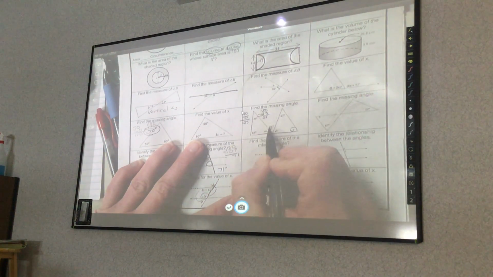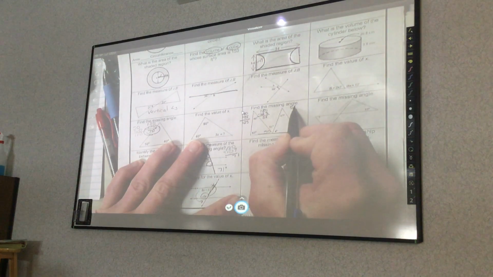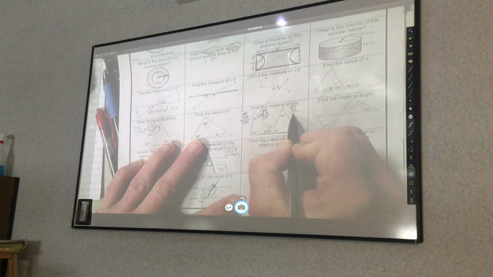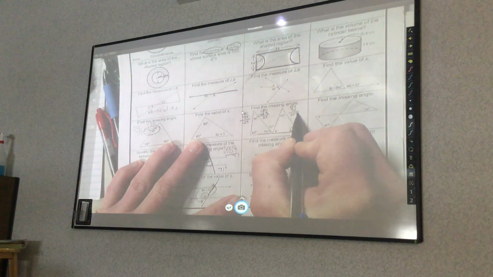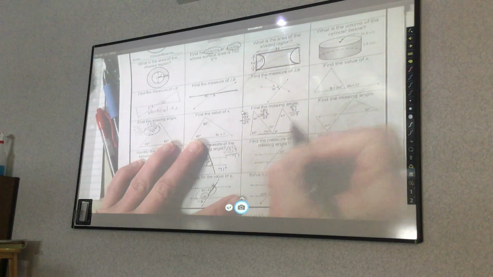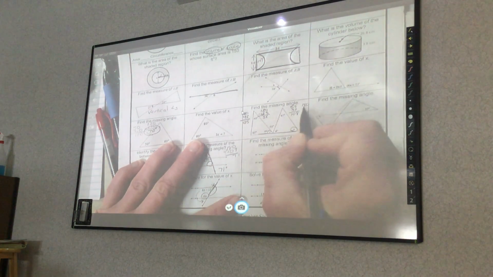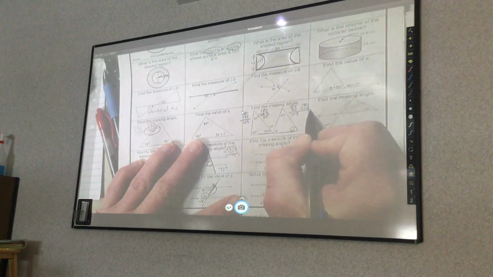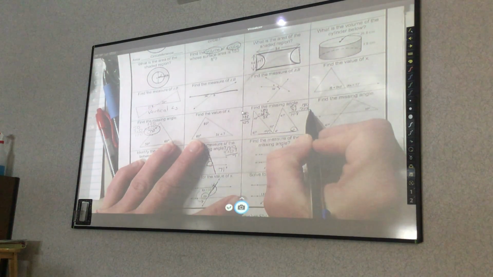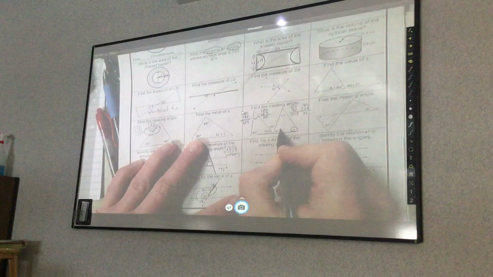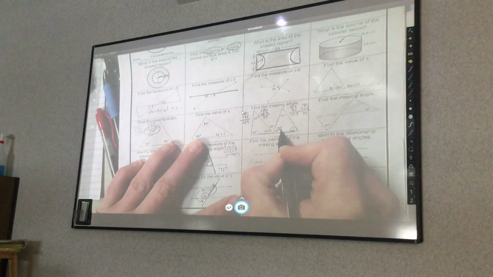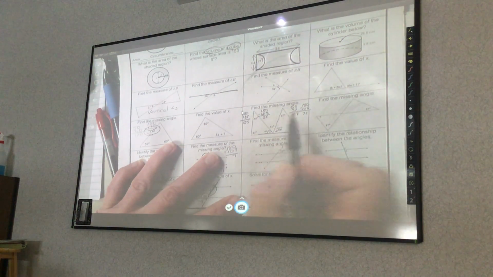So I do 55 plus 53 is 108. And if it's a straight line, it equals 180 degrees. So I take 180 minus 108, and I get 72. So this measure is 72. Now I take the 47 plus 72.